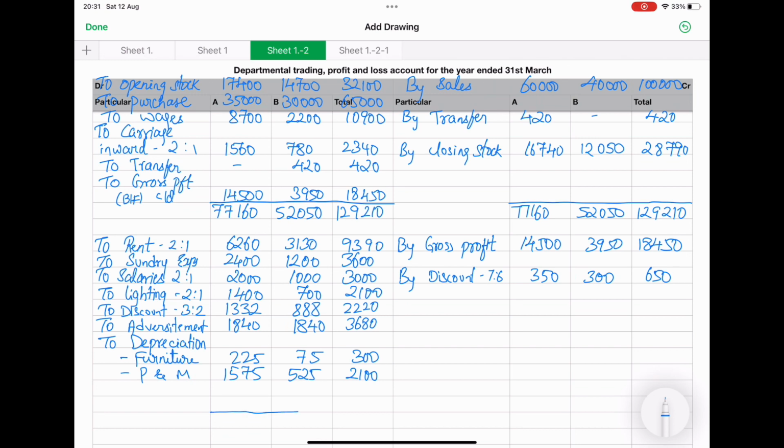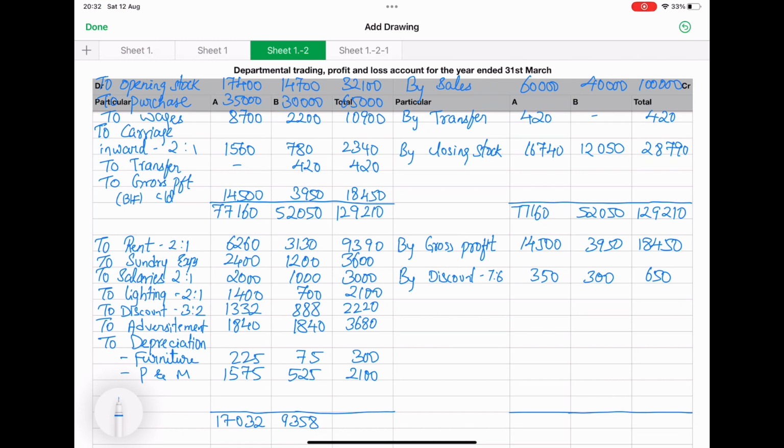Yes, if we add both sides, obviously the debit side value is high because the gross profit is very less. If you compare, you will get to know. So total debit side of departmental A is 17,032, for B 9,358.